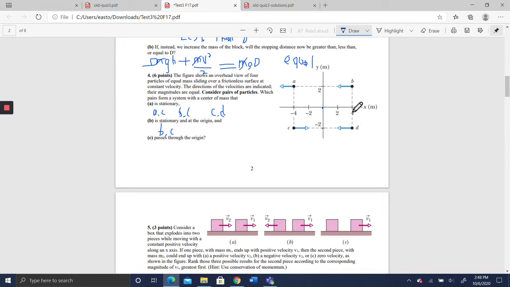We have BD, so we start here, and then as we keep going, our center of mass will eventually pass through here, since it's going in a straight line from here onward. So BD does work. And then AD, well, we start here, although theoretically it will also follow the same horizontal x-axis. So AD is the other one. So BD and AD.